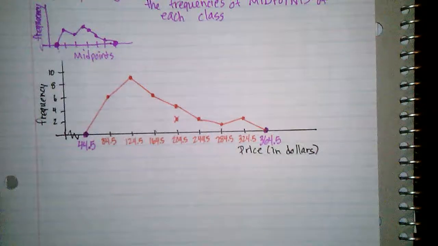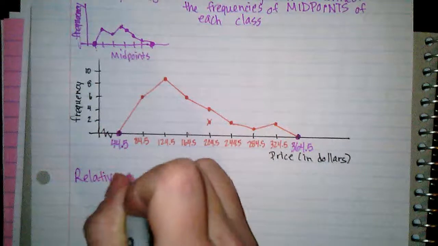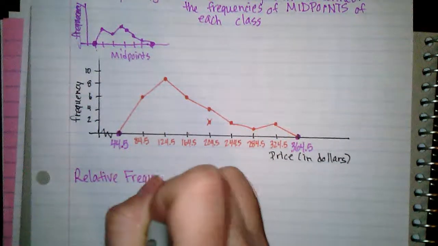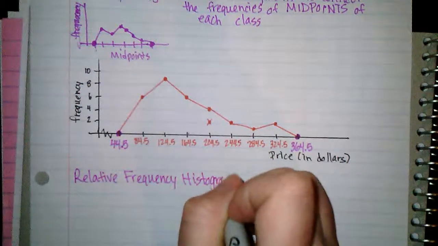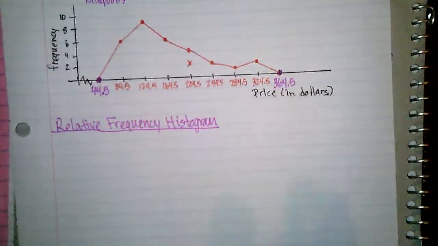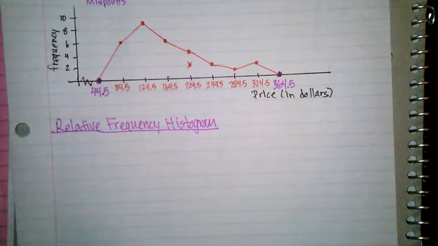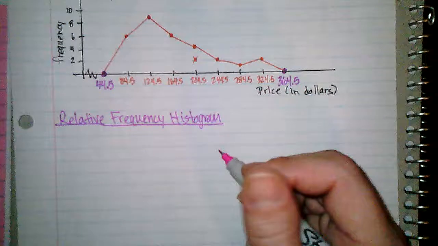Then we are going to next make a relative frequency histogram. So instead of having frequency on our vertical axis, we are now going to have relative frequency on the vertical axis.